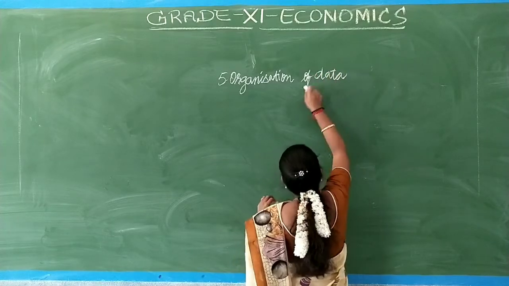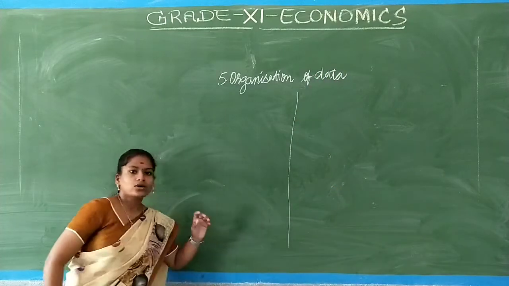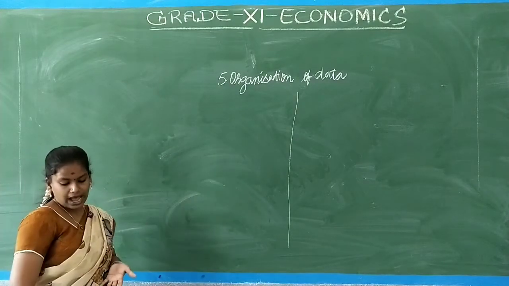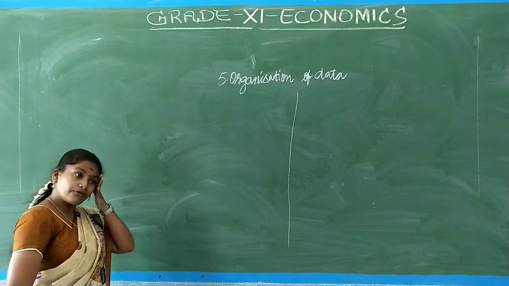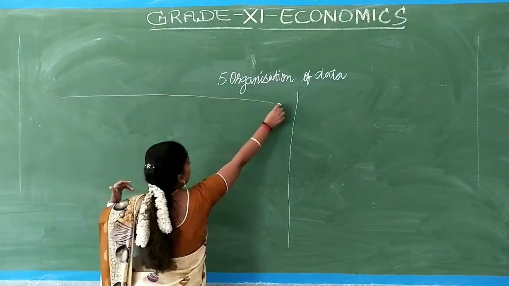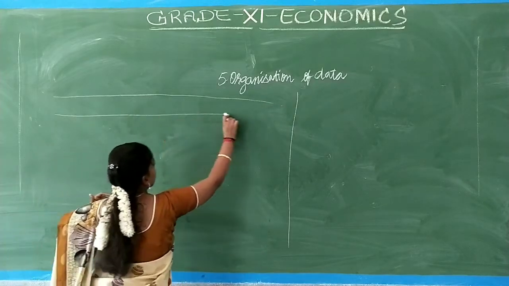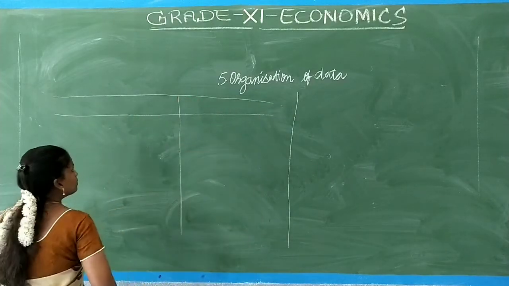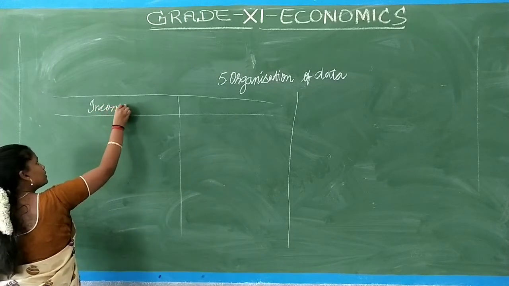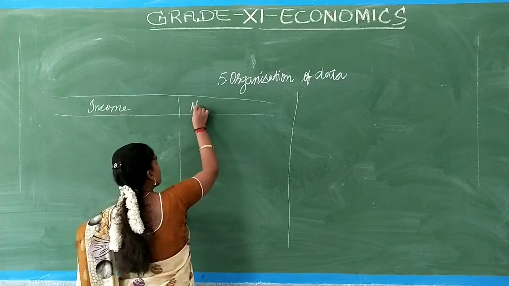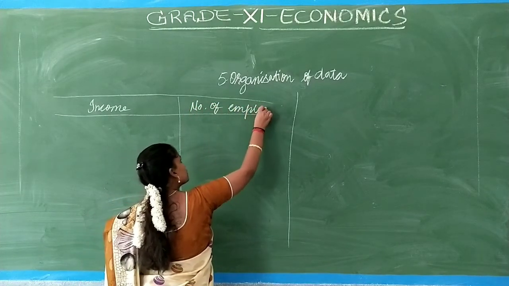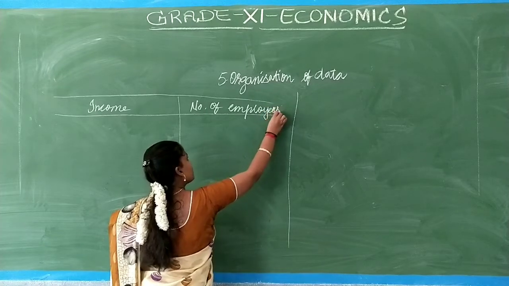Organization of data. So how are we going to deal with continuous variables? Here we have an example of income. Let us take the same example for better understanding. So we have income and here we have number of employees. Fine.